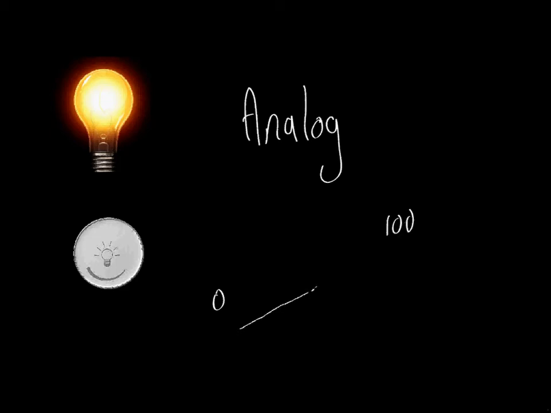So if we look at these two again, you can see here we have our dimming switch, which would be considered as analog, because it can go from 0 to 100 and take anywhere within this given range.